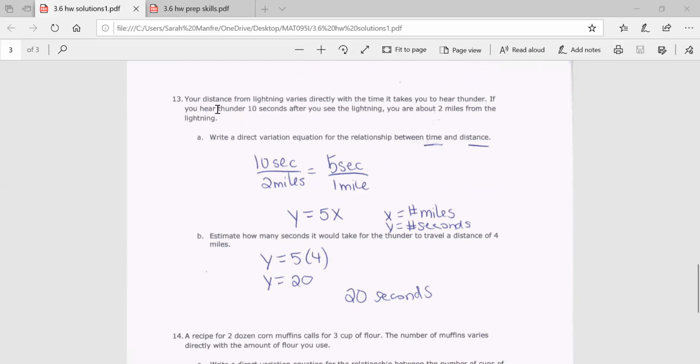So it says that you hear thunder 10 seconds after you see lightning, and you're about 2 miles from the lightning. So it says the direct variation equation for the relationship between time and distance. So time is going to be our y, and distance is going to be our x. Now notice how I simplified 10 over 2 as 5 over 1, which gave me my equation. I used 4 miles, plugged it in, and we got that.